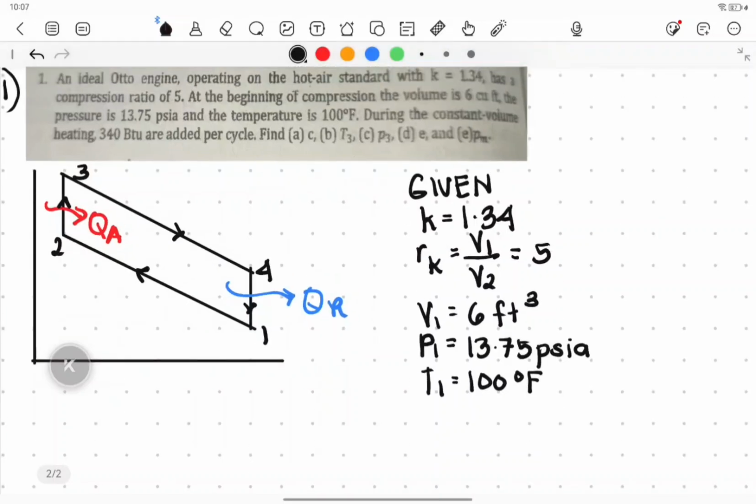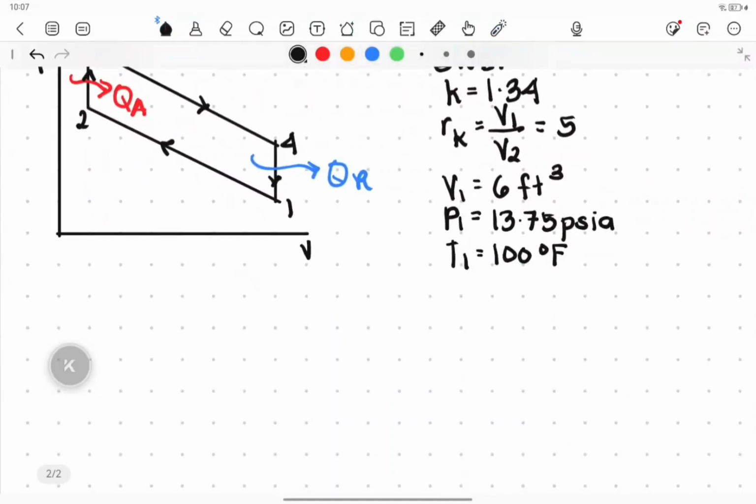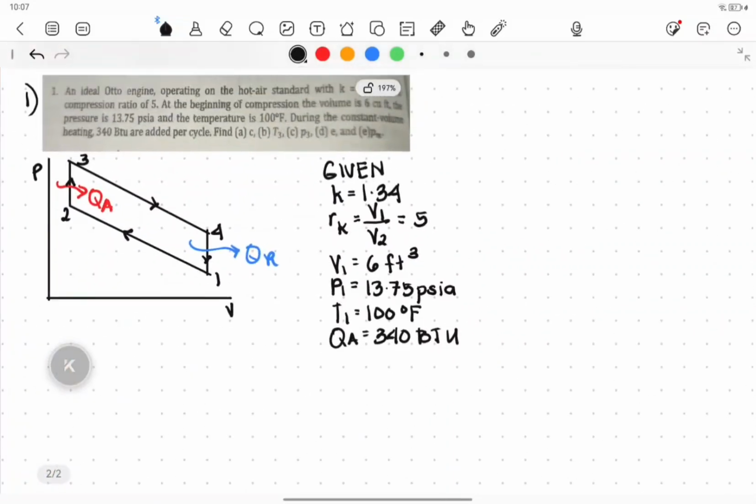During the constant volume heating, 340 BTU are added. So this is the constant volume heating. So our QA is 340 British thermal unit.